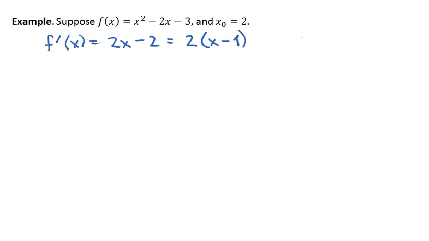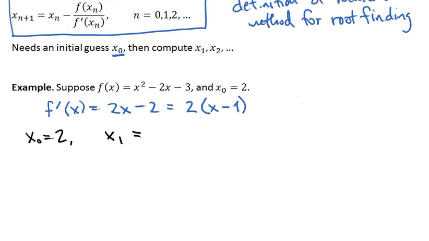Okay, so x_0 is equal to 2. So x_1 is equal to, go back up to the formula here, set n equal to 0 in that formula. We get x_0, which is 2, minus f(x_0), that's 4 minus 3, divided by f'(x_0), that's 2 times 2 minus 1.